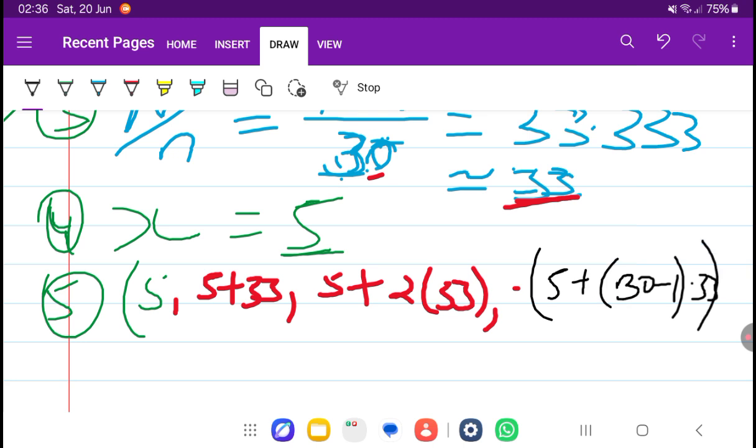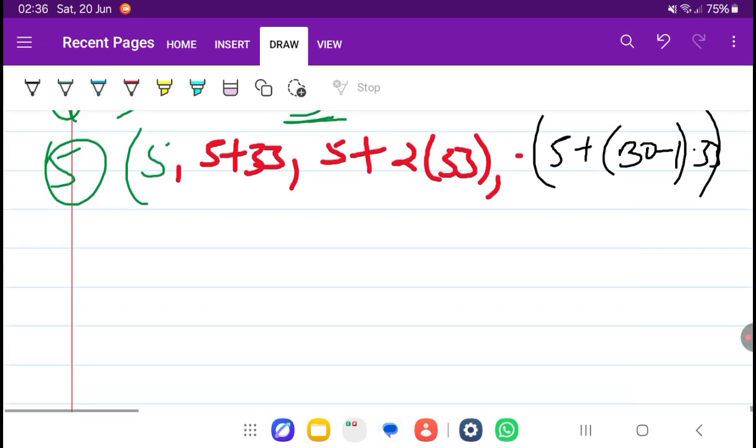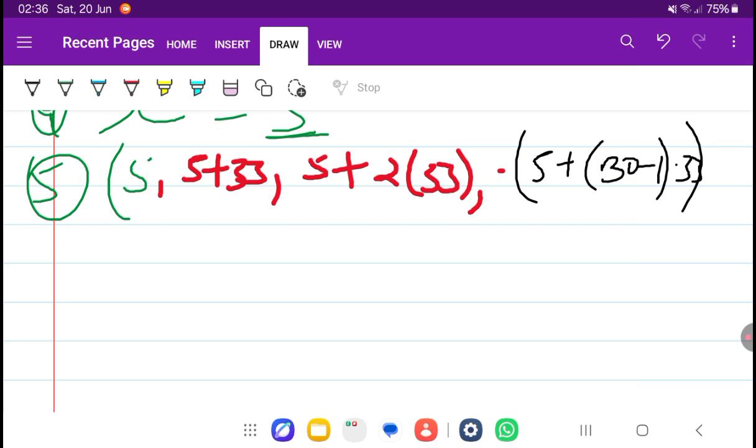So you'll find that your sample will have 5, which is this 5 here. When you add 5 plus 33, you get 38, comma, you get 5 plus, of course this is 66 plus 5, that is 71.